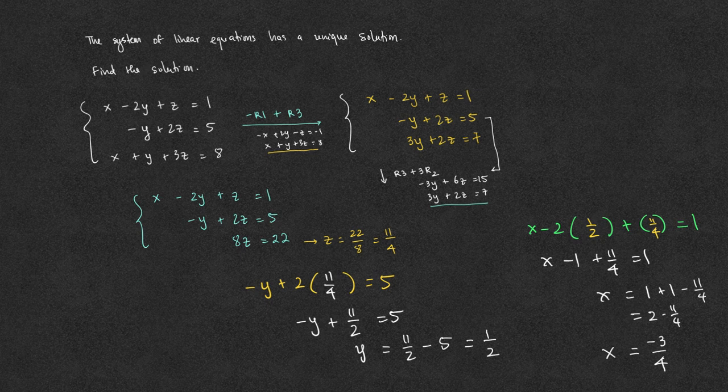The solution to the system of equations is therefore x equals negative 3 over 4, y equals positive 1/2, and z equals 11 over 4. This is an ordered triplet with x, y, z.